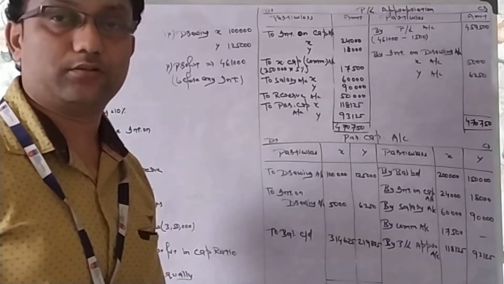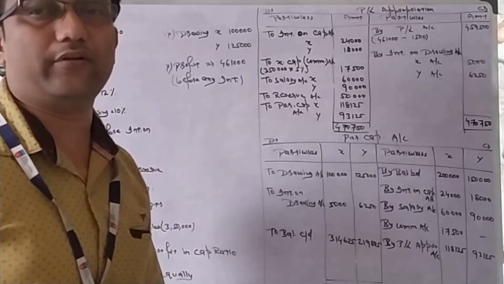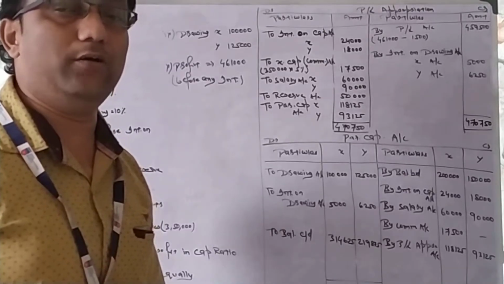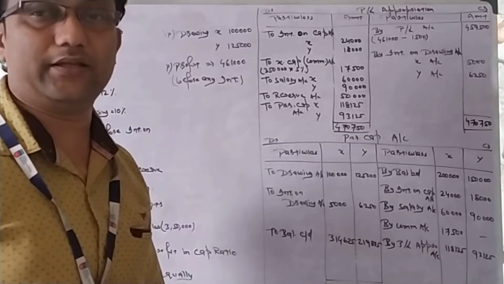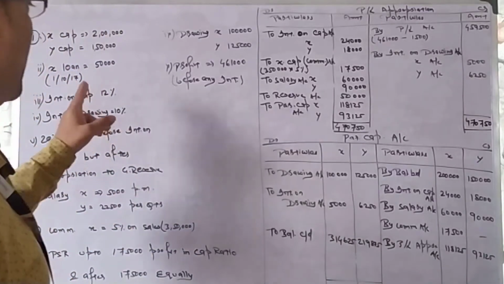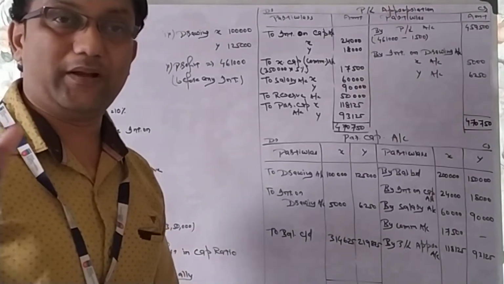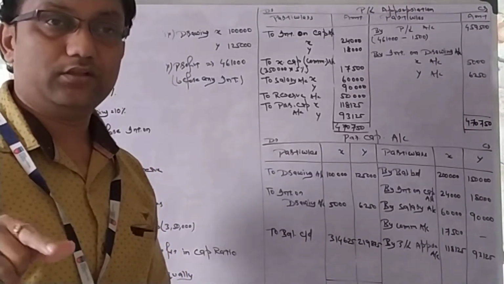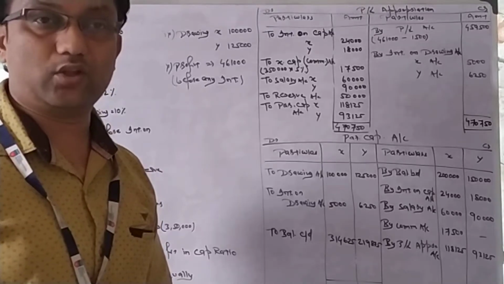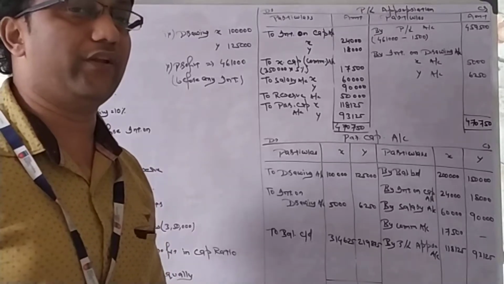That means for 6 months. And whenever interest on loan rate is not given, we follow 6% per annum. So 50,000 into 6 by 100 into 6 by 12, and the figure will come 1,500.